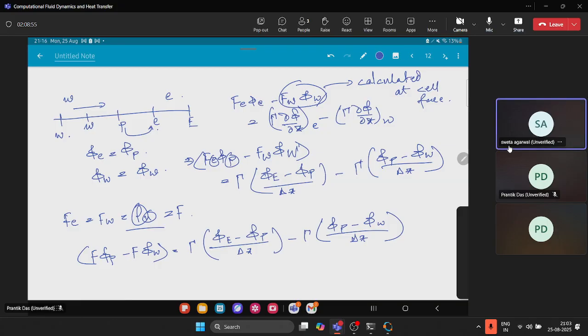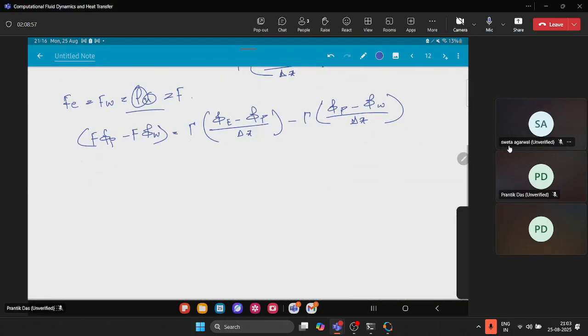Yes, sir. So now if the directionality changes, so it happens from east to west, now it becomes phi small w equals phi P and phi small e equals phi capital E. Okay, so that's how it changes.